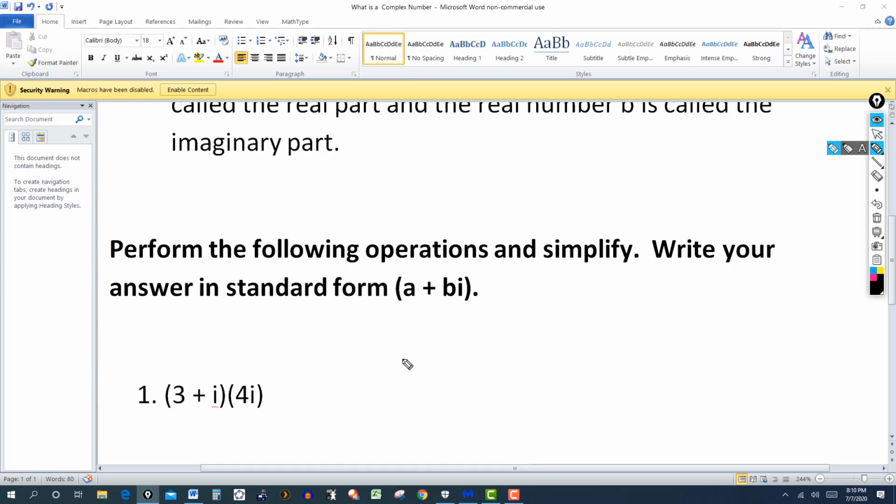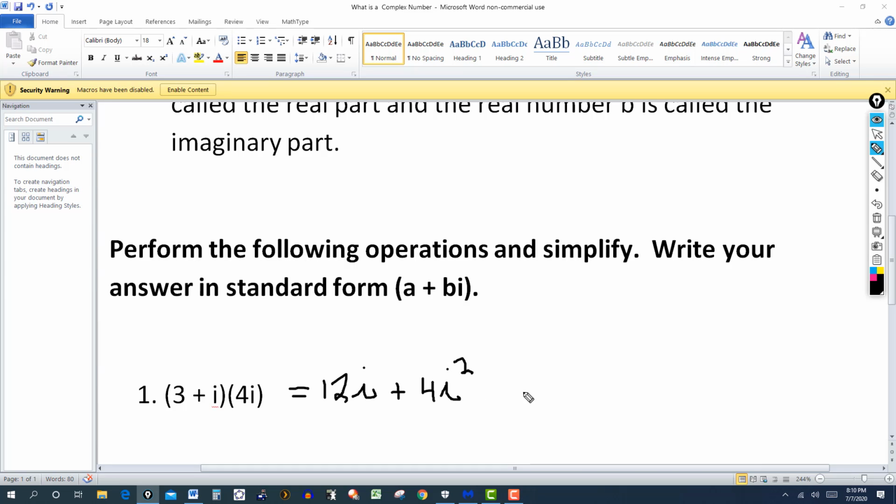So in this case, I'm doing this product. I go 4i times 3, that's 12i. And then 4i times i, that's a plus 4i squared.